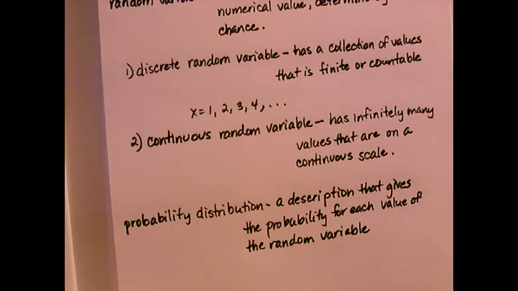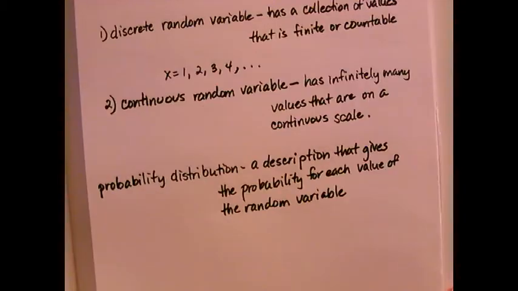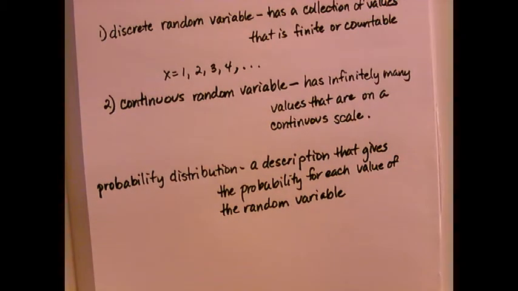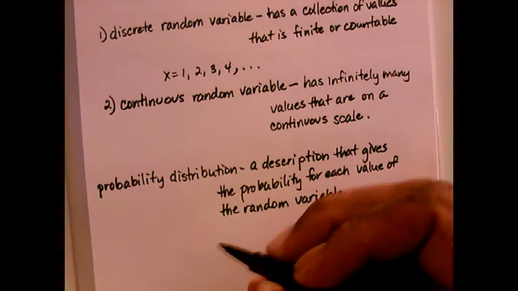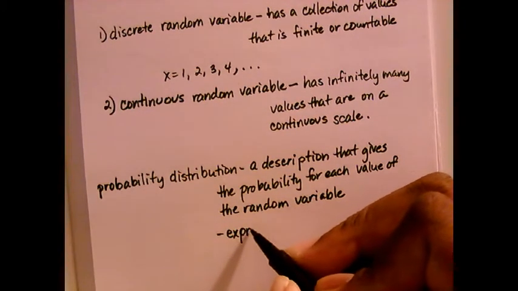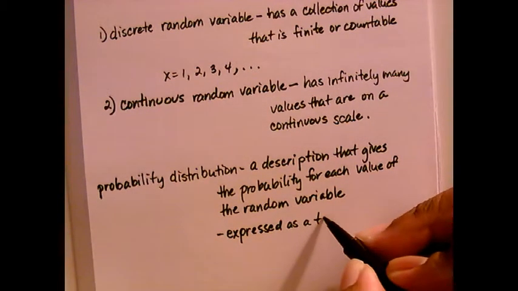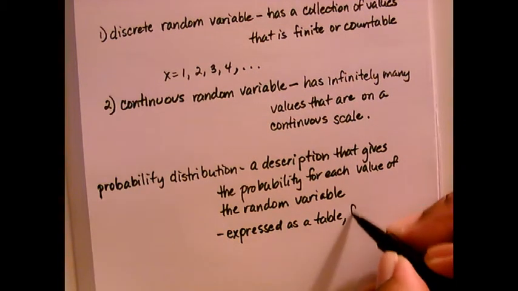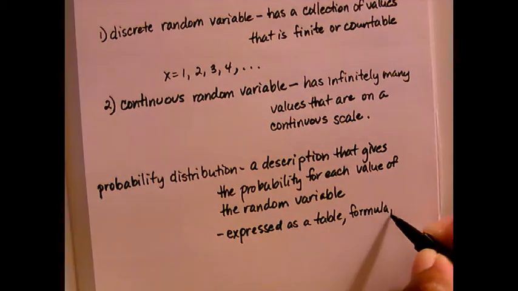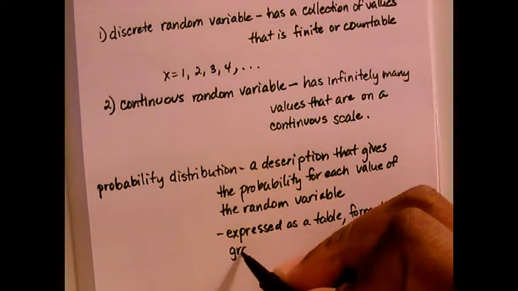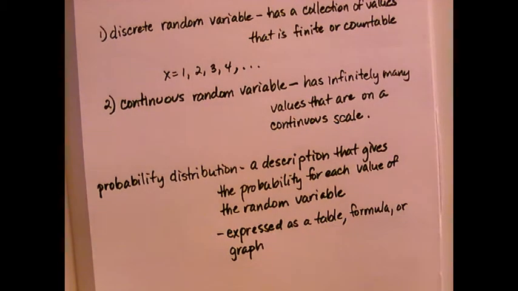We can express a probability distribution as a table, a formula, or a graph. The ones we'll look at are the ones expressed in the form of a table, so you'll know what a probability distribution will look like.